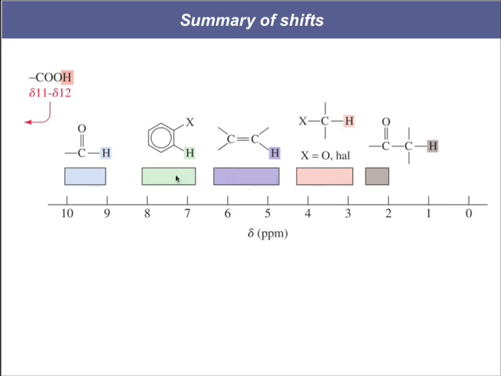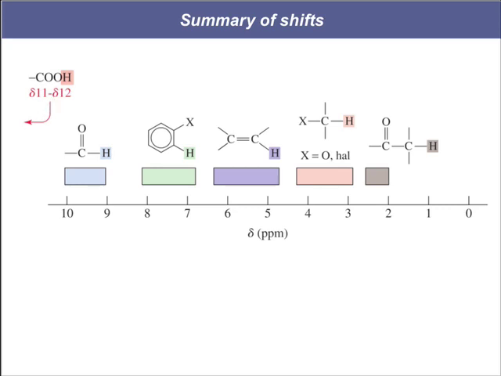From 7 to 8, we'll see our aromatic regions. So from 5 to 8, these are all caused by diamagnetic anisotropy. From 9 to 10, we get aldehydes. And then from 10 to 12, or roughly 11 to 12, we get our carboxylic acids.